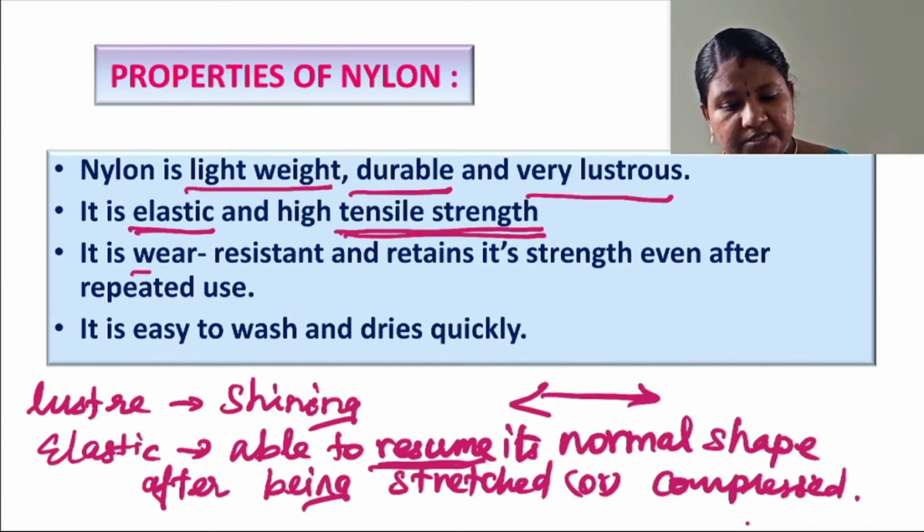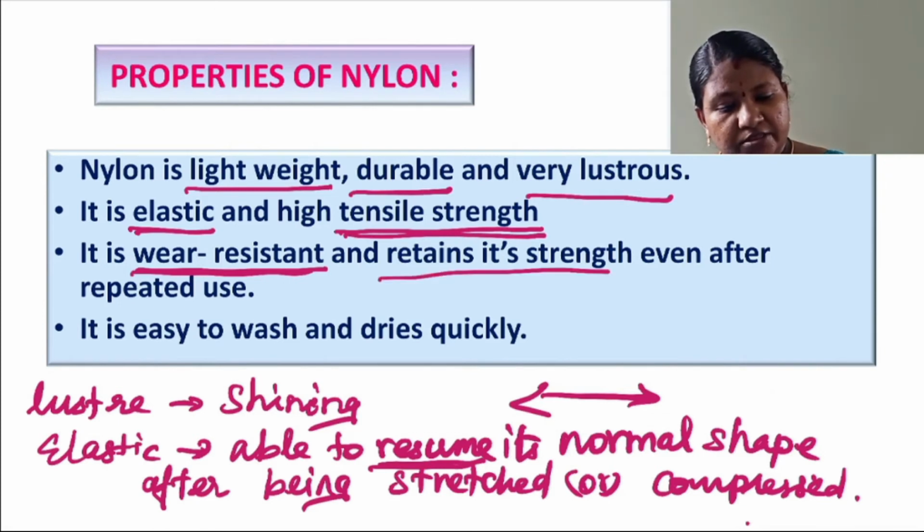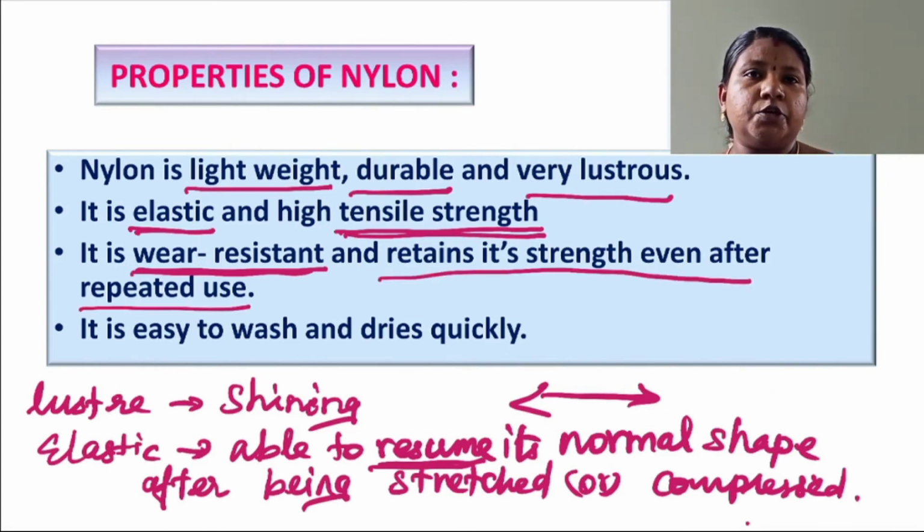And then wear resistant. What do you mean by wear resistant? We can use it for a very long time, over a long period. And it retains its strength even after repeated use. Even after repeated use, it will be as it was the first time.